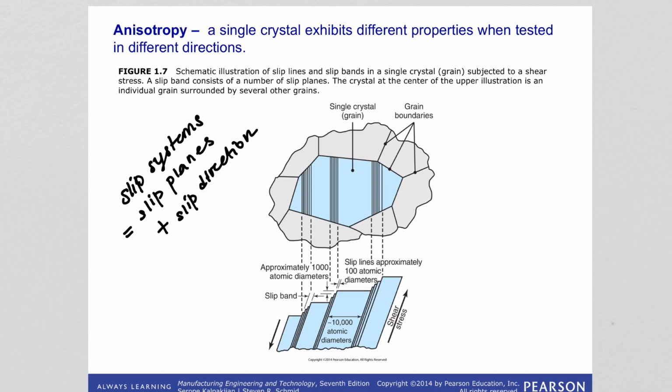As you can see, we are shown which planes this material is experiencing the deformation on. Of course these will differ, as I said, depending on what crystal structure you have. Do you have BCC, FCC, or HCP?